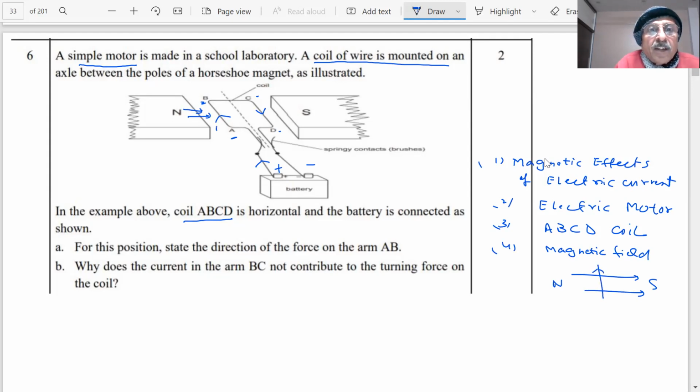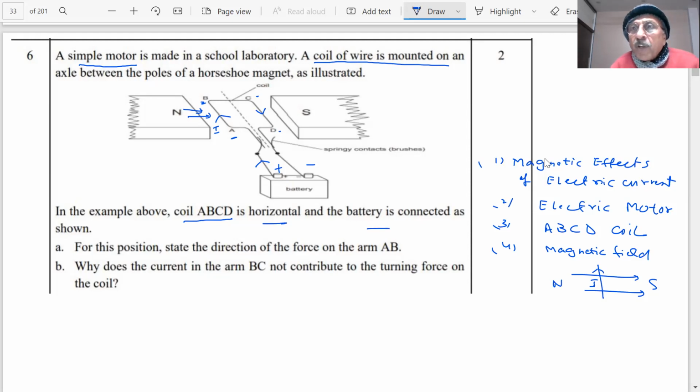I is the current which is flowing, student. This current is flowing like this, and you have a coil A, B, C, D. The current is going from A to B and going back from C to D. This is the battery, student.